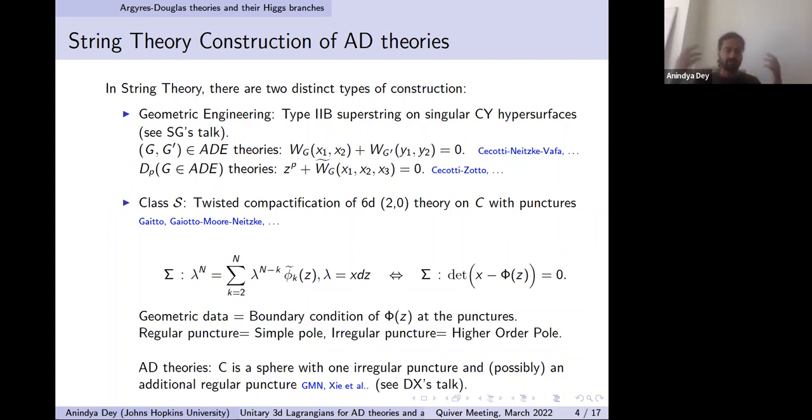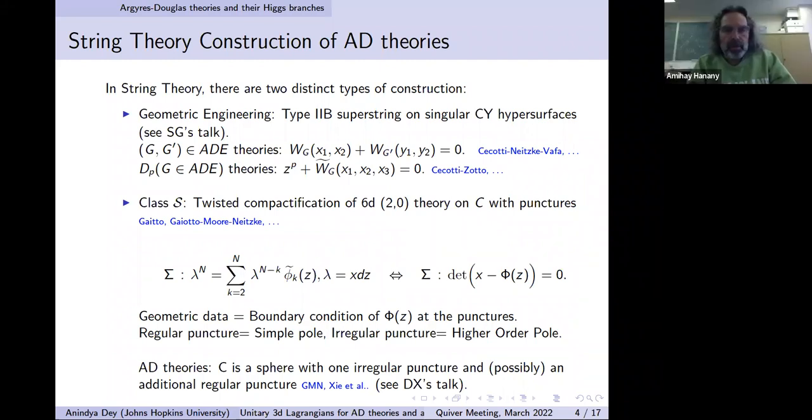This is basically the construction that allows you to construct all the Argyres-Douglas theories that we know of. There are also other constructions involving twisted 6D theories, but that's less generic in nature as far as I know.